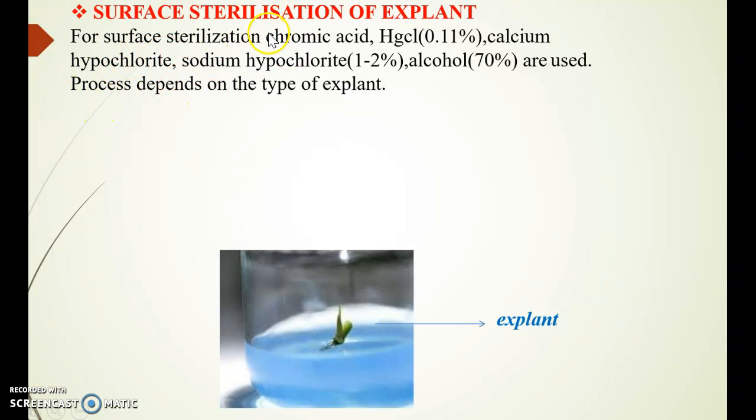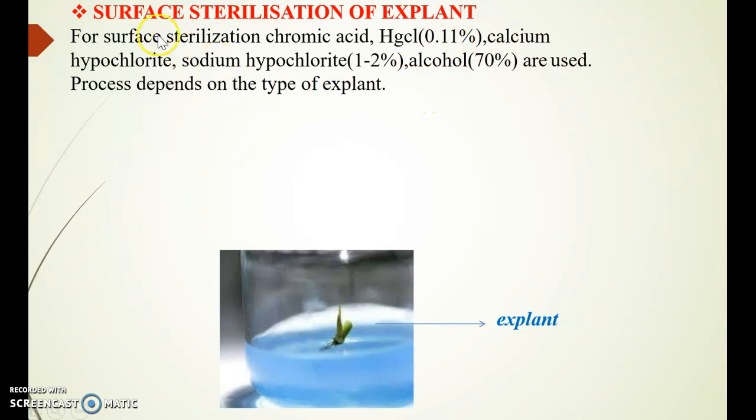Different chemicals are used for surface sterilization: chromic acid, mercuric chloride, which is generally used for leaf, calcium hypochlorite, which is used for stem and root, sodium hypochlorite, generally used for stem and root, and alcohol, which is generally used for all types of explants.